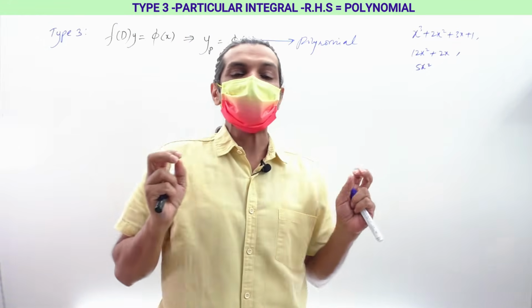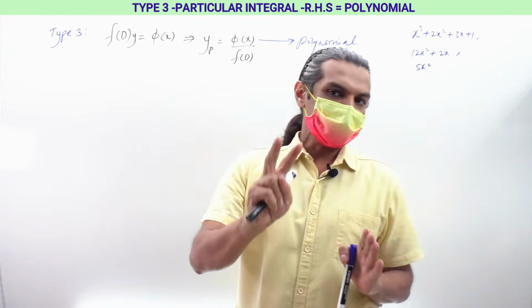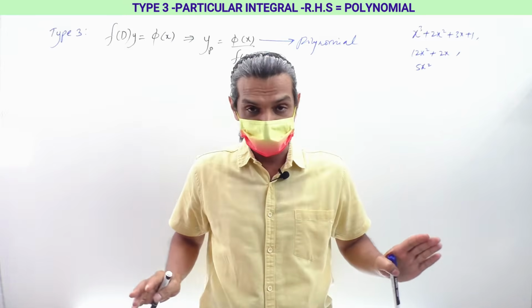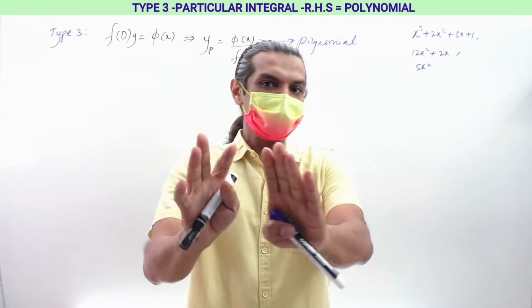Now, for finding the particular integral for such a type, there are 2 methods. As per the VTU syllabus, I will go the easiest way, the long division method. So follow it carefully.